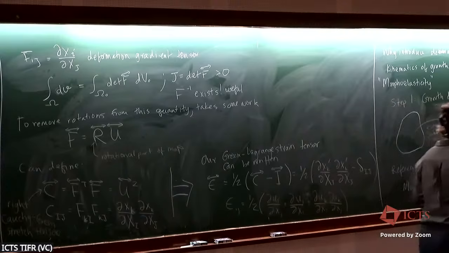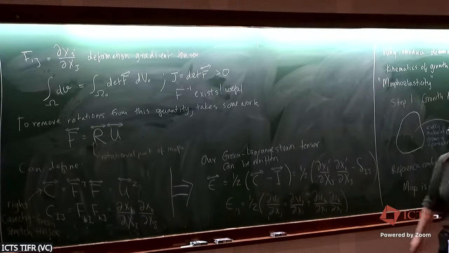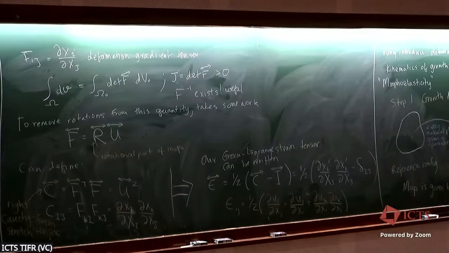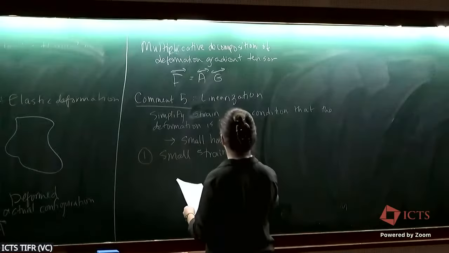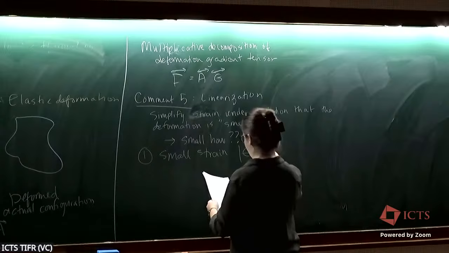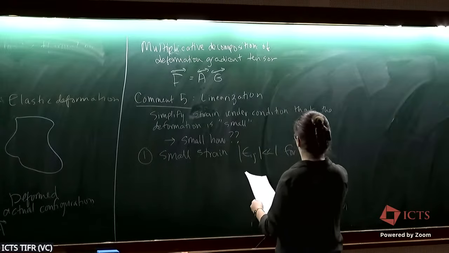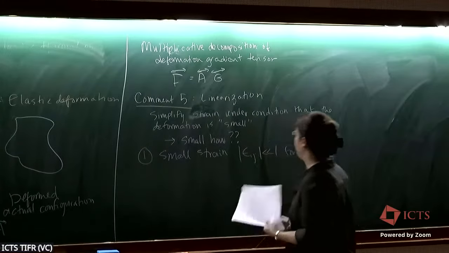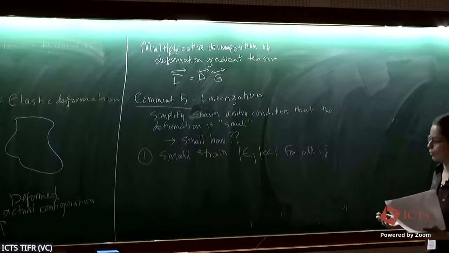One option is to assume that epsilon_ij is small for all i and j, that the components of the strain tensor are small, which is that epsilon_ij is much, much less than 1 for all i and j. Intuitively, we can think of this as not much distortion.